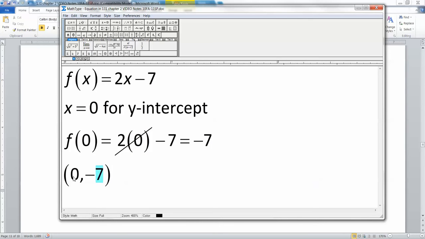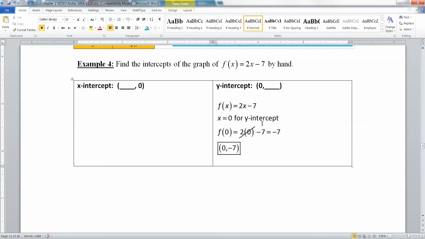It's a point, so you have to give it coordinates. Don't just say negative 7. Negative 7 alone won't cut it. It's 0, comma, negative 7. Now, if you're wise, you could have noticed that just from the start, because this was mx plus b form, right? So b has to be the y-intercept. So there you go. 0, negative 7.